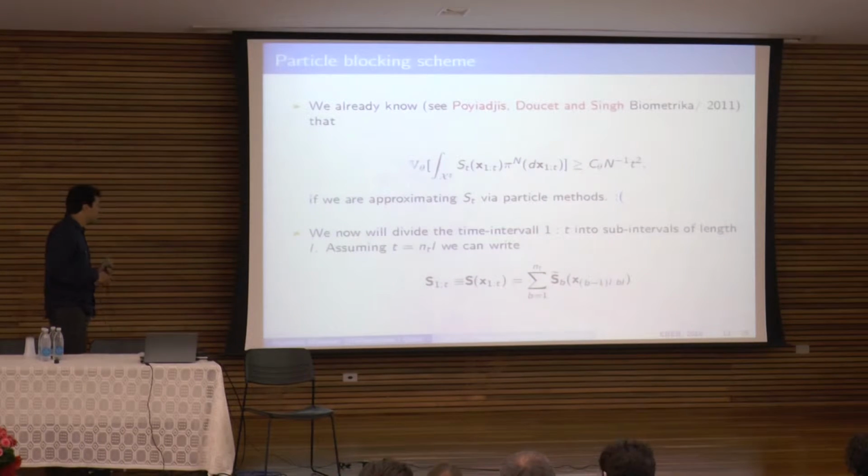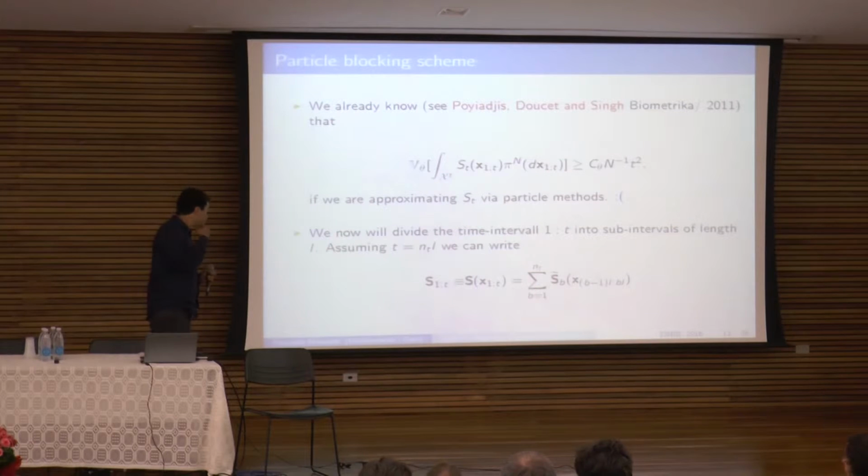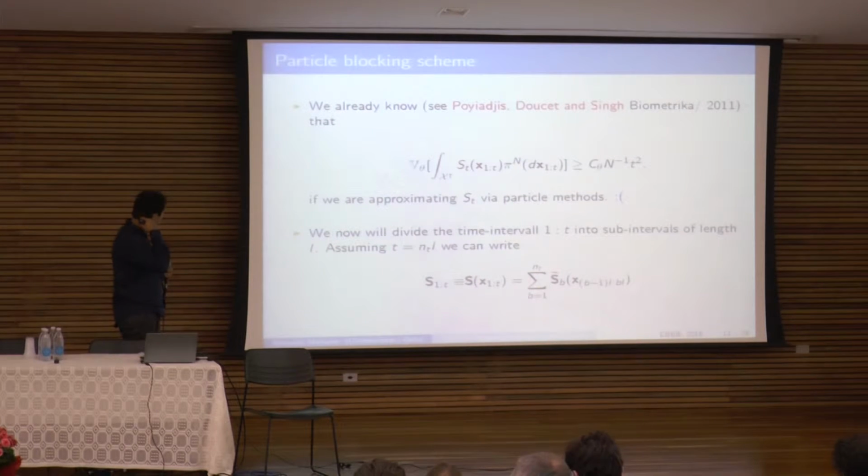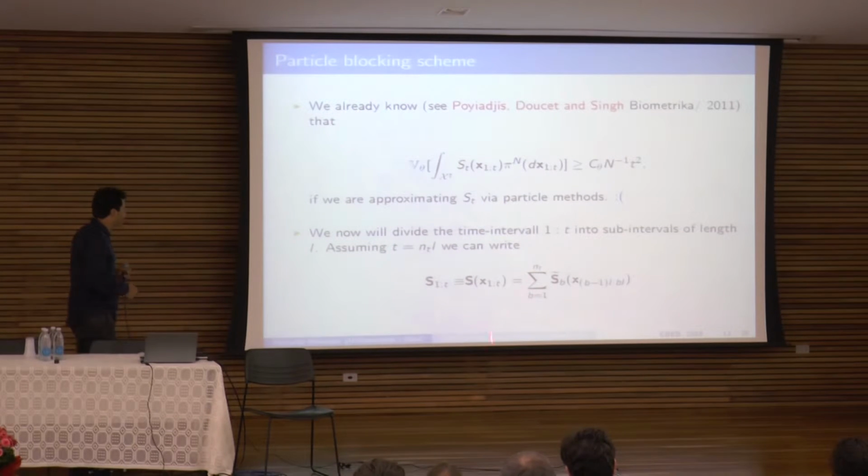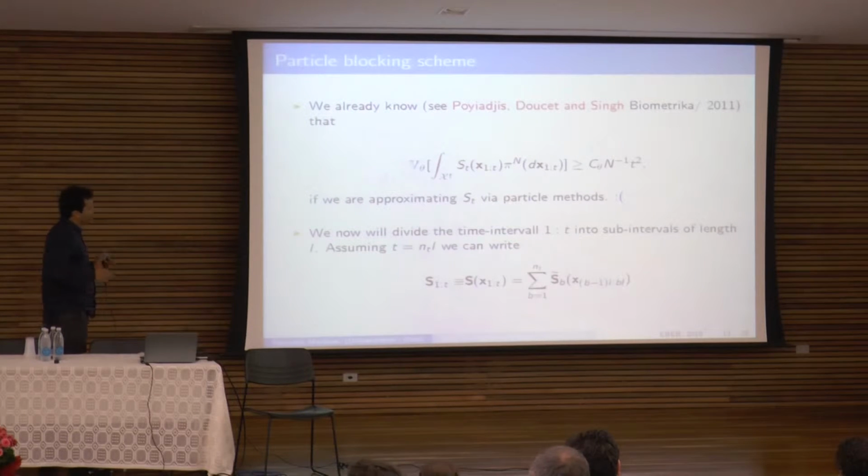So in order to try to solve this problem, or at least minimize it, let's see one simple idea here, where you can divide your time 1 to t, so your whole path, into subintervals of length L. Then you can write your functional as a sum over each block that you have.